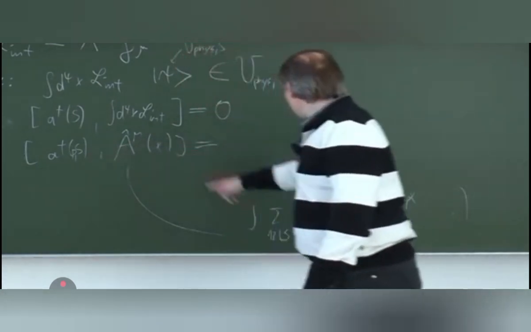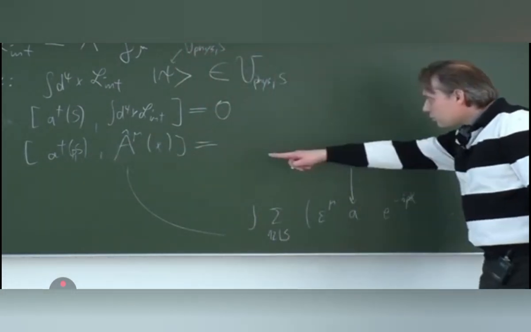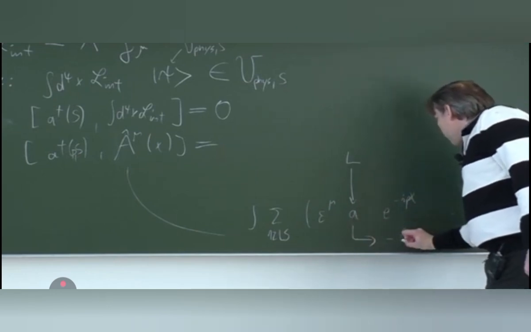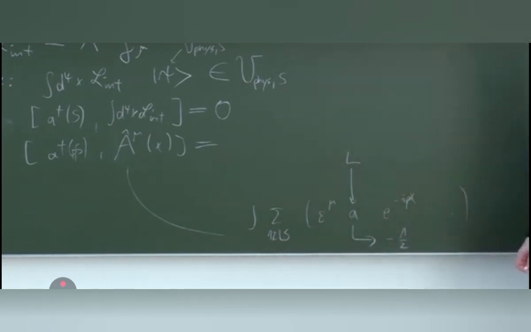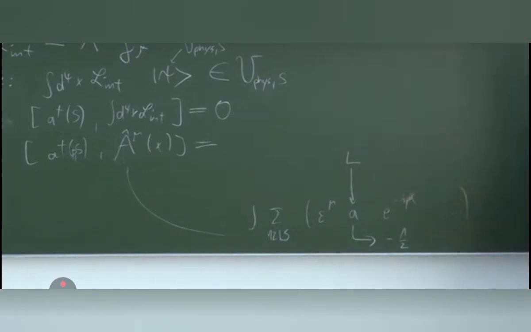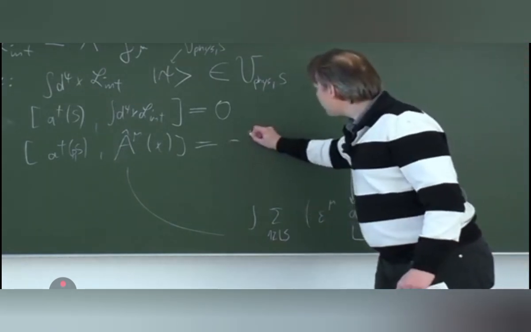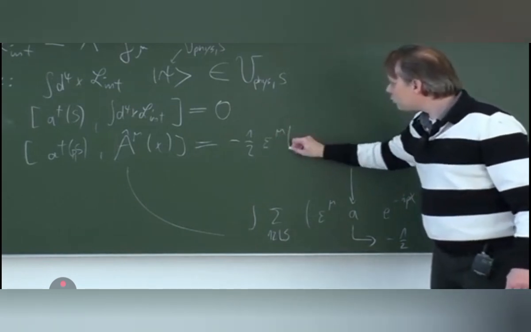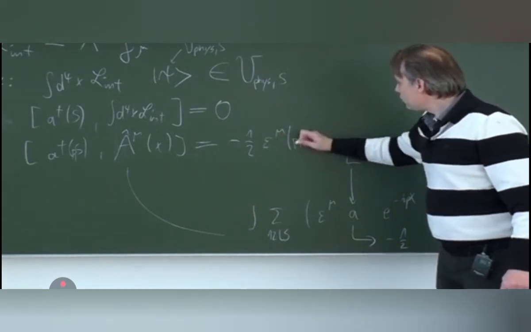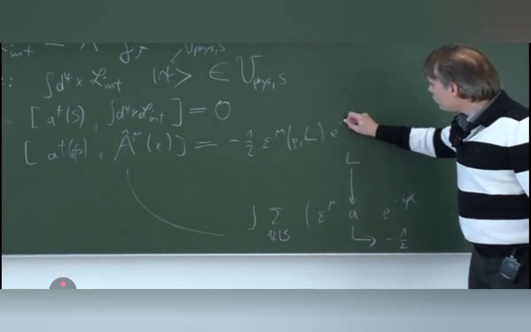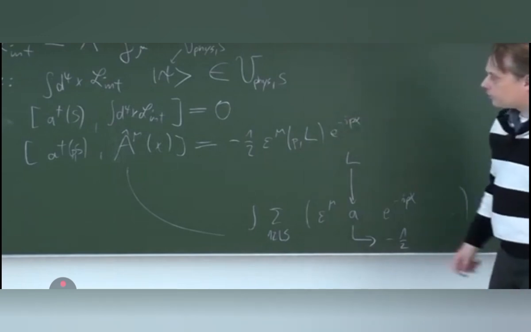And so therefore you get something from here, and what you get, the commutator between A^† and A_L, gives minus 1/2 times the usual coefficients because of the definition of A_S and A_L as linear combinations of the other ones with normal commutation relations. And so therefore you get minus 1/2 times the usual result, and the usual result would be this epsilon_mu of p, L here, and then e^{-ipx}. That's the result.